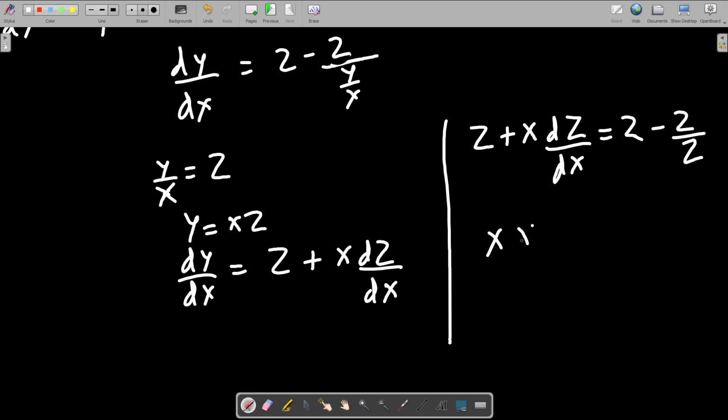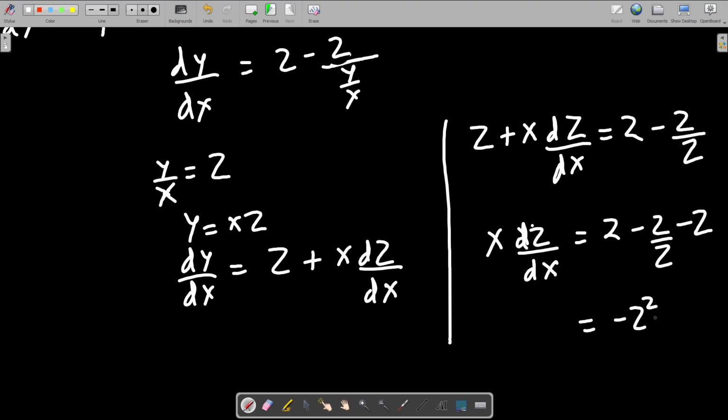So x dz by dx, taking this term on the other side, you have 2 minus 2 by z minus z. This will have to be simplified, multiplying z on top, so this will become minus z square plus 2z minus 2 upon z.